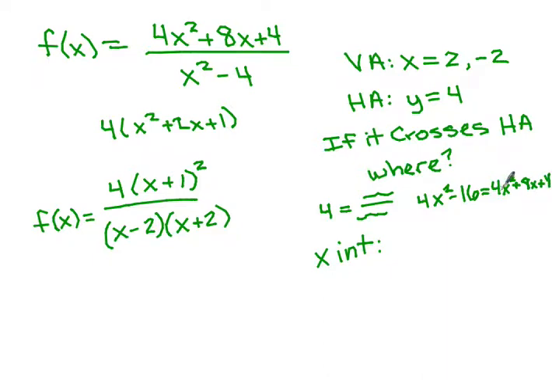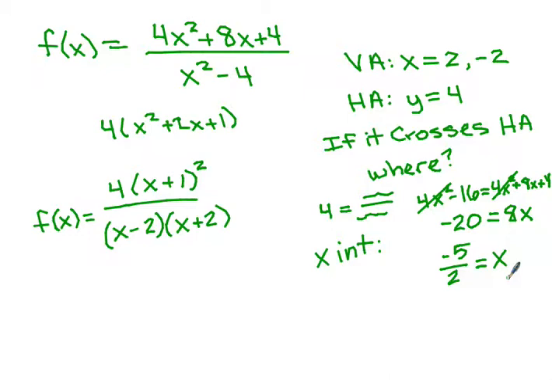Then subtract 4x squared from both sides. Those will cancel. Subtract 4, so you get negative 20 equals 8x. Then divide by 8, so we get negative 5 halves equals x. So we know that, yes, it will cross at x equals negative 5 halves.